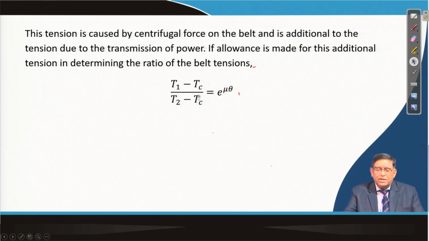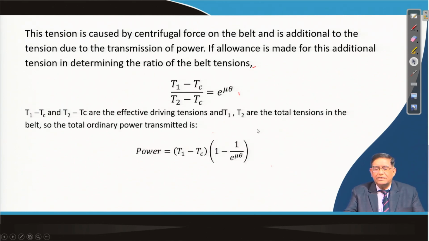So, if you consider the centrifugal action, the Euler equation will change to T1 minus Tc by T2 minus Tc. What is this Tc? It is nothing but mv square. So T1 minus Tc and T2 minus Tc are the effective driving tensions, and T1 and T2 are the total tensions.